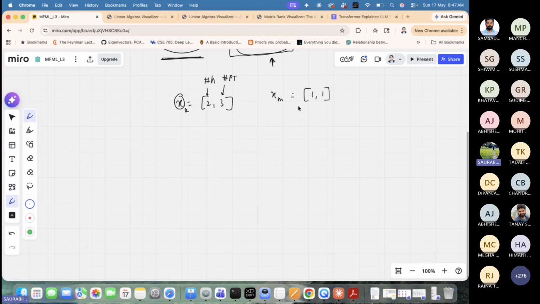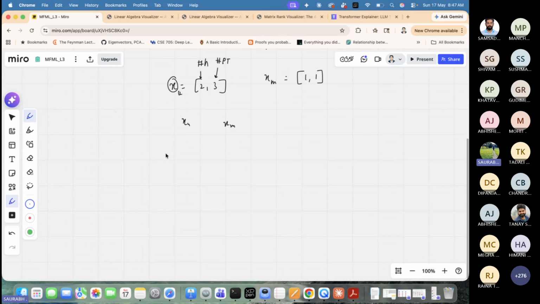Okay, now how would you find out whether these two vectors X you and X me are similar or dissimilar to each other? Now, the bigger questions are, firstly, how would you find out how big are these two vectors? This is the first question.